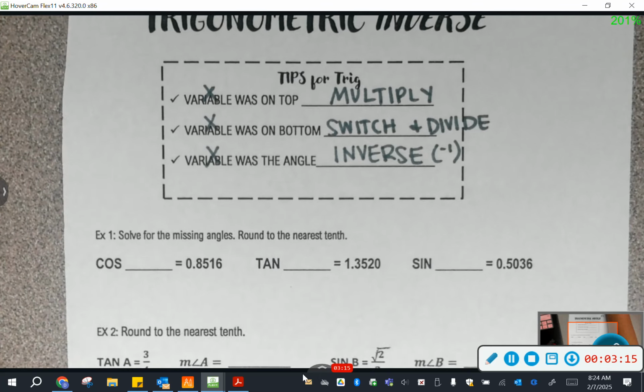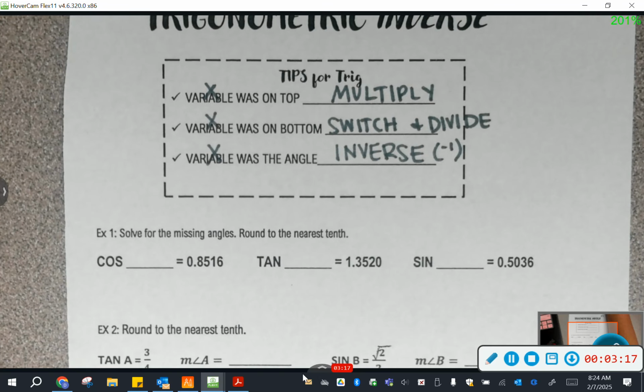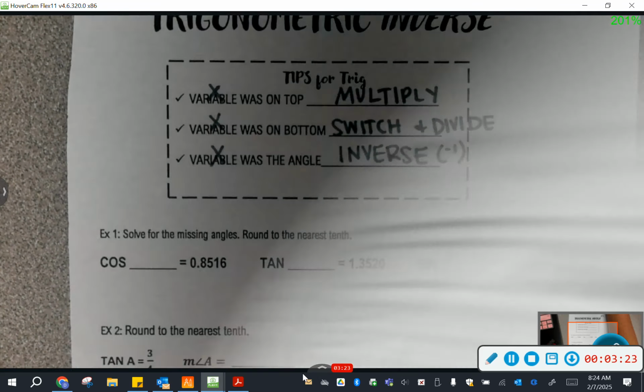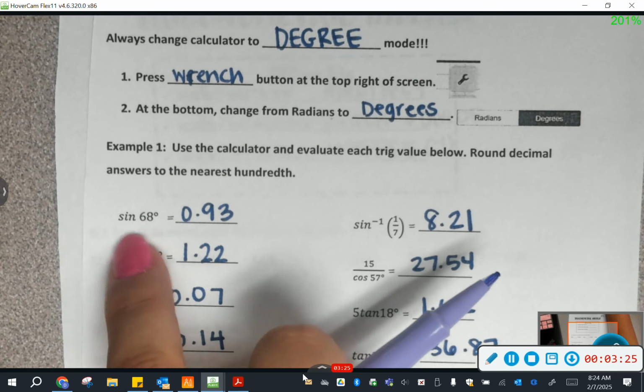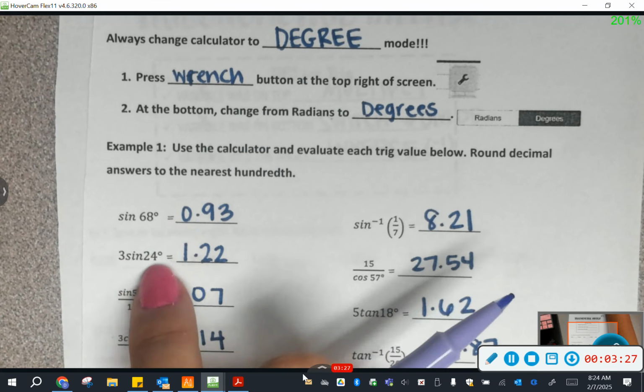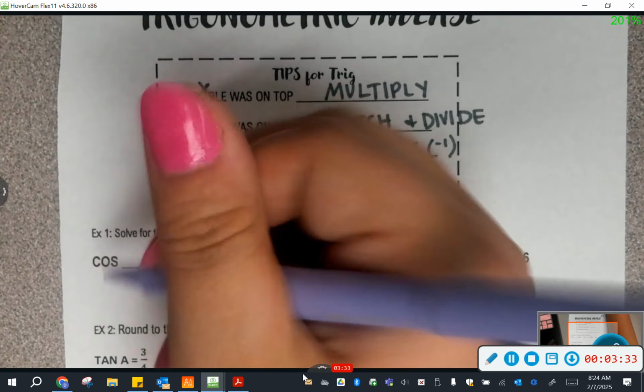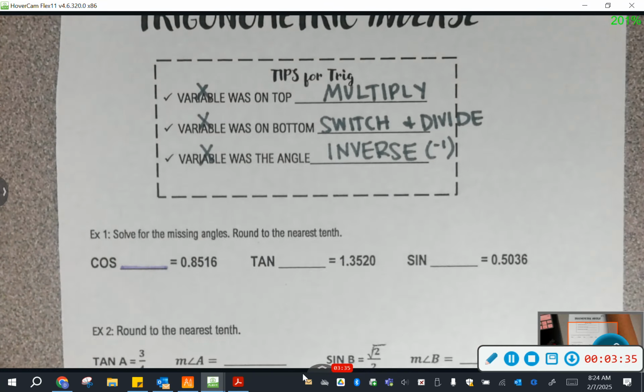What do I mean by that? Well, do you see, let me pull up my notes from the other day. Do you see how the other day we were just typing in sine of 68 degrees, 3 sine of 24 degrees? We were typing in the degrees every time. Today, I have a blank right here. I don't know what the degrees are, but I know what it equals. So how can I find the degrees?